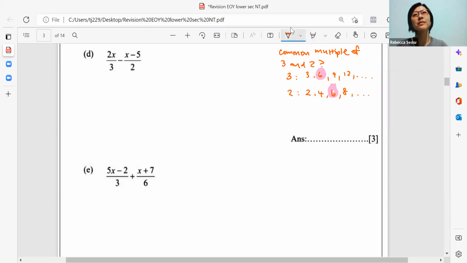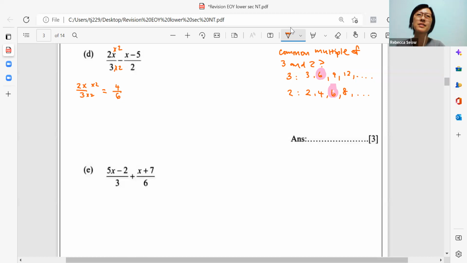So we have to find a way to make our denominator 6. So denominator now is 3, and to make it 6, we multiply it by 2. So 2x out of 3, when you times 2 on both sides, you'll end up with 4x out of 6.